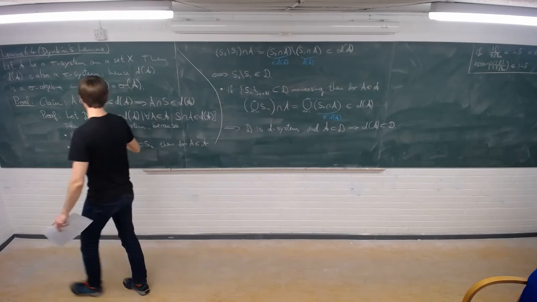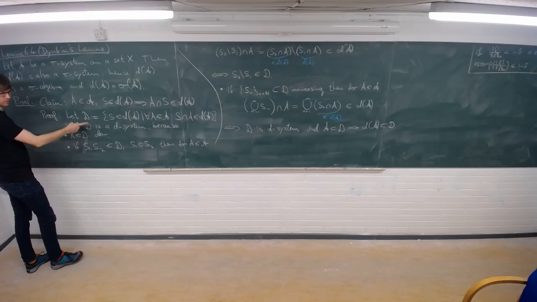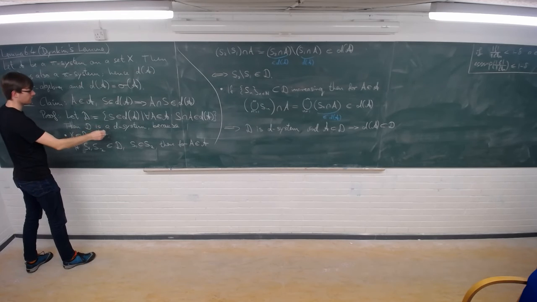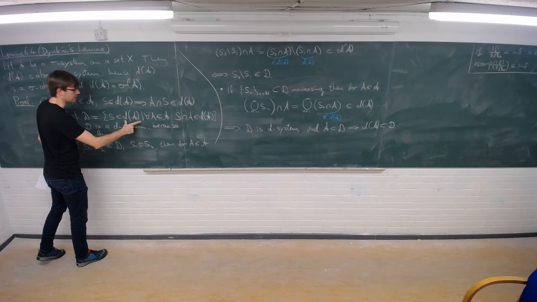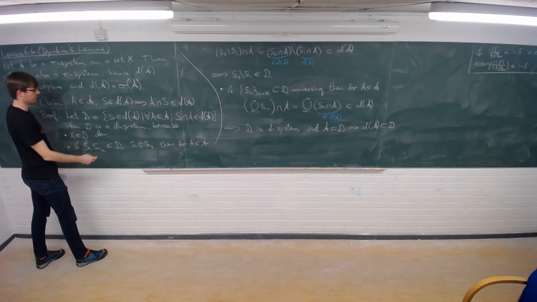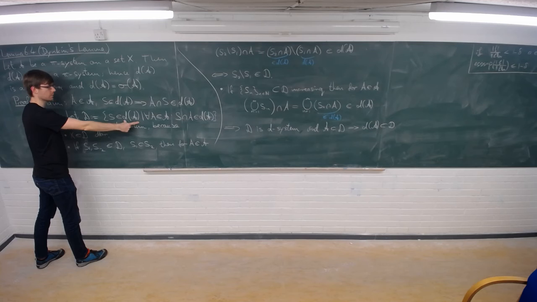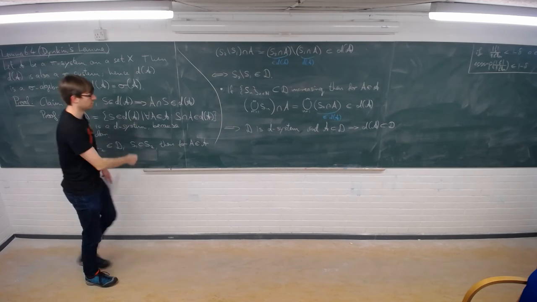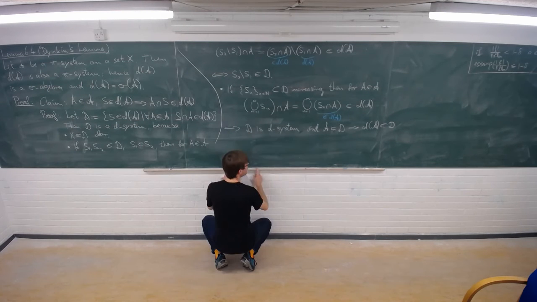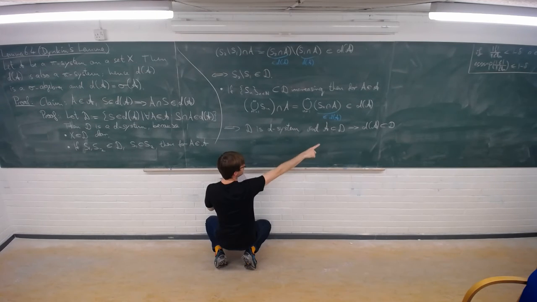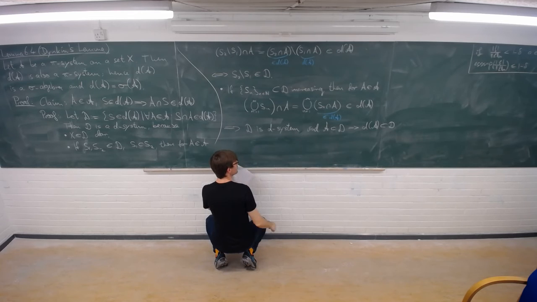But now let's go back to the definition of D. D was defined to be all elements of D of A such that some condition holds. So by definition, D is a subset of D of A. So we get both inclusions between D of A and this calligraphic D. So they must be equal.